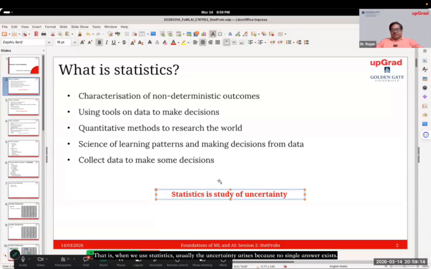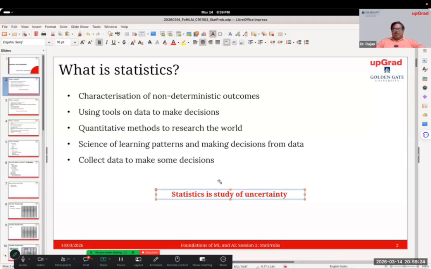That is when we use statistics. Usually, the uncertainty arises because no single answer exists. A range of values exist, but not a single answer.